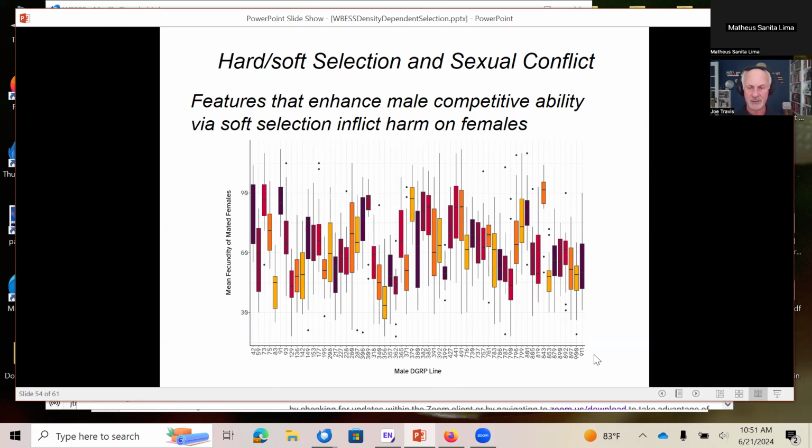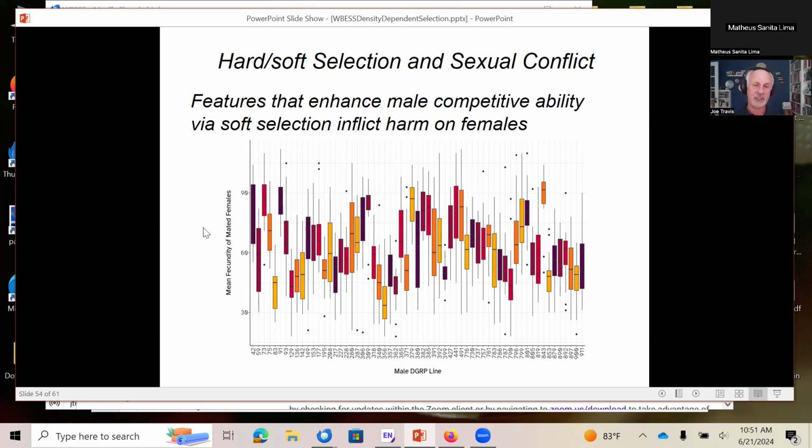This is the males on the horizontal axis and the mean fecundity of mated females from a standardized stock. And it's well known that Drosophila semen contains a number of compounds that can be harmful to females and reduce their fecundity. The traditional interpretation is that males employ those tactics to reduce a female's fecundity if she mates with another male after she mates with him.